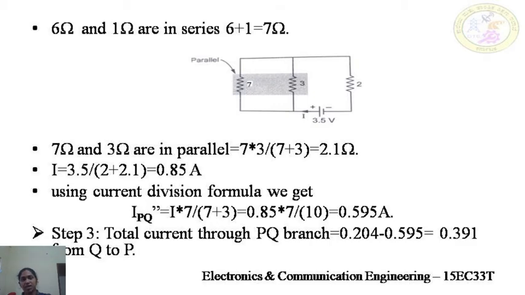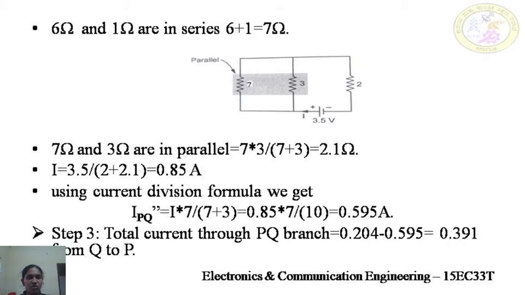The total current I can be calculated using Ohm's law, that is I is equal to voltage divided by the total equivalent resistance across the 3.5 volt source, that is I is equal to 3.5 divided by 2 plus 2.1, that is equal to 0.85 ampere.